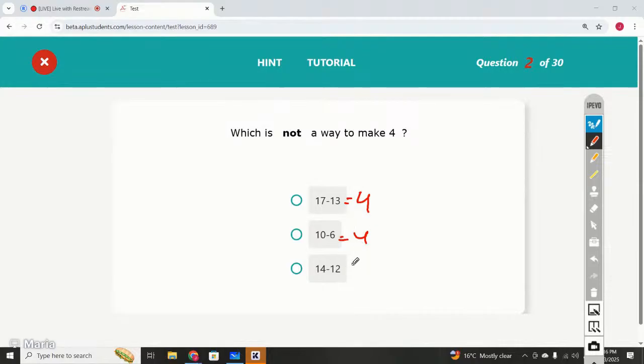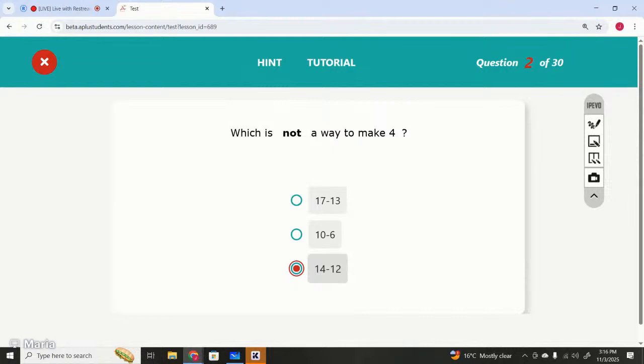And 14 take away 12 is 2. That is 14 take away 12. Option number C is the correct option.